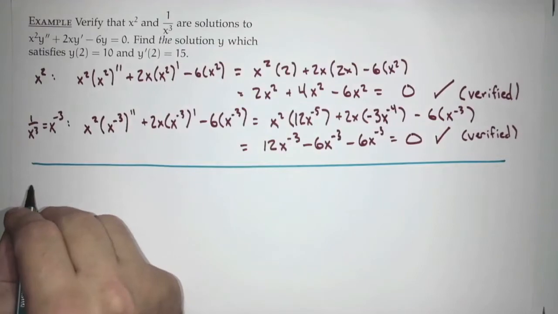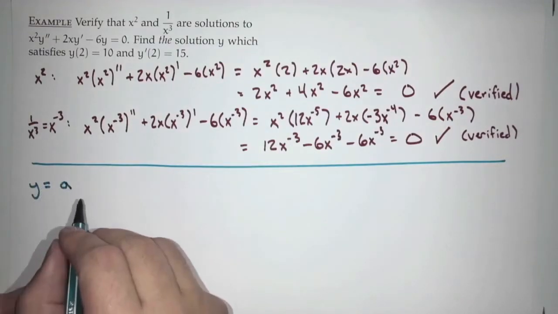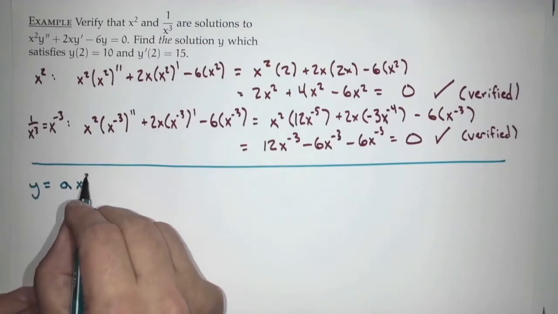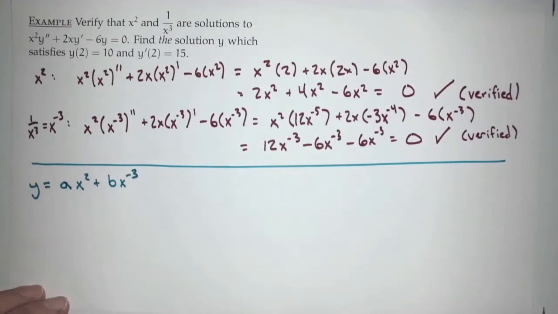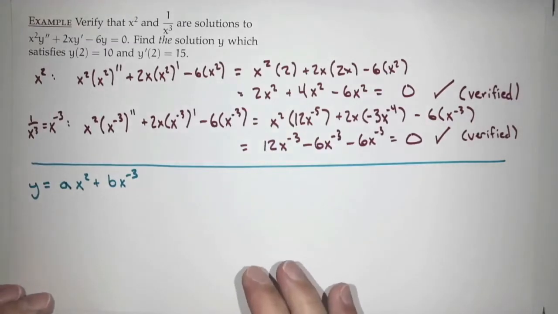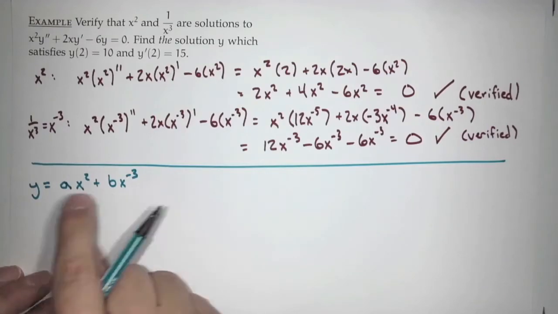So what we can do is form new solutions by saying some constant times the first solution plus some other constant times the second.